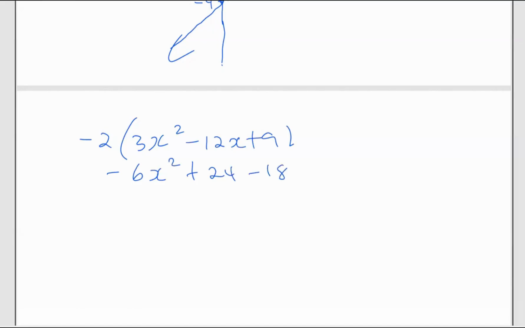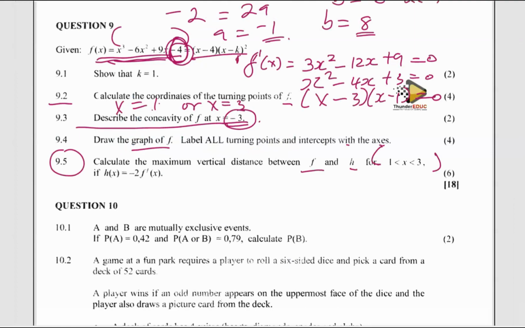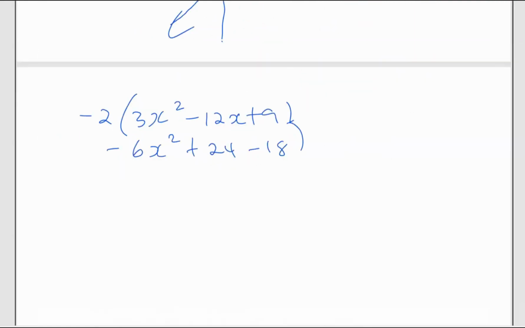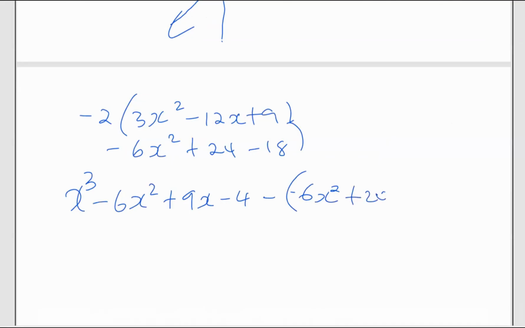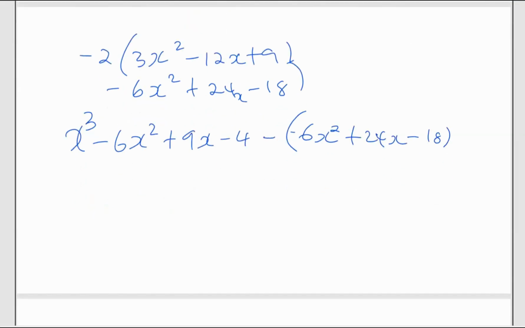I'm going to get the cubic function, this one, and then subtract this one. So if I have x cubed minus 6x squared plus 9x minus 4, now I'm subtracting the whole of this, which is negative 6x squared plus 24x minus 18, because that is going to be like the distance.